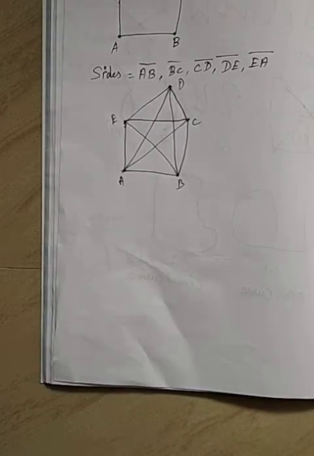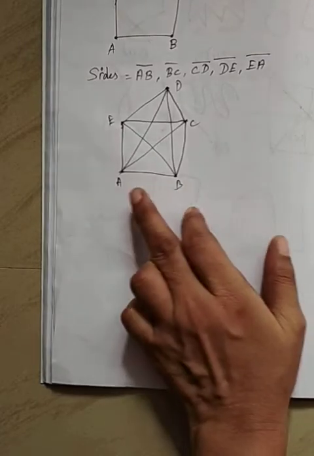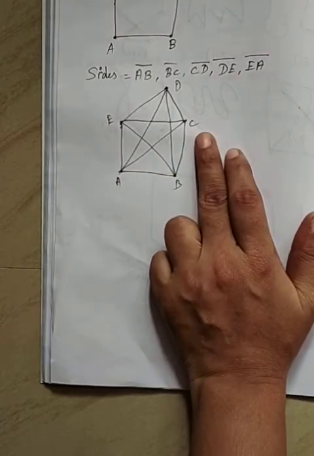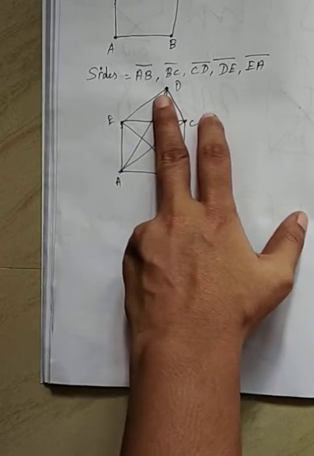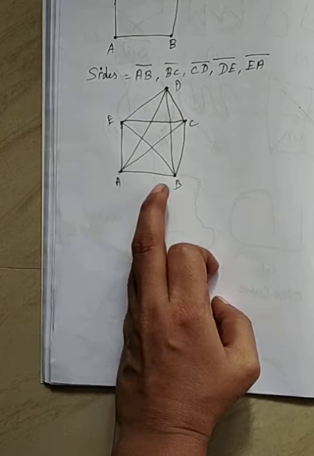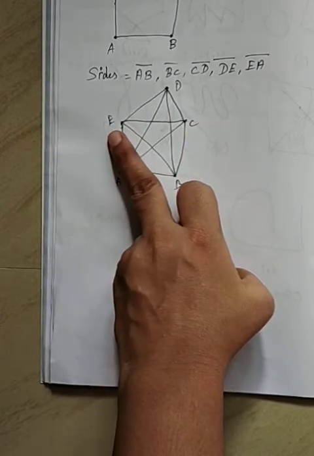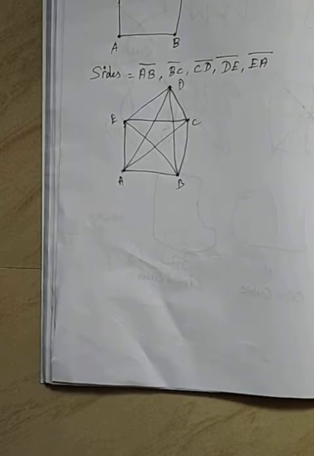The joining of these vertices are called the diagonals of the polygon. That means the non-adjacent vertices, when joined, are the diagonals. See this figure: AC. Okay. And then AD. Then BD. Next BE, next CE are diagonals.